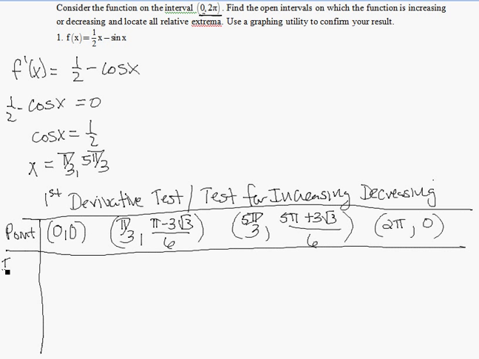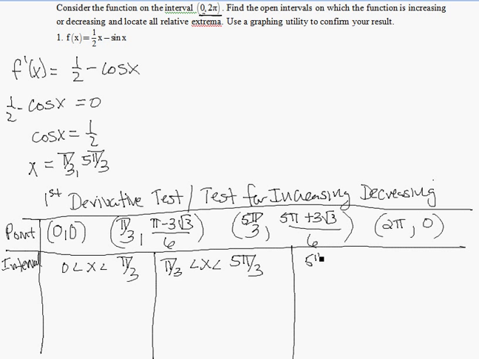So our intervals, we're going to have a couple intervals here. We're going to go from 0 to pi over 3, pi thirds to 5 pi thirds, and then 5 pi thirds, oops, that's a 3, to 2 pi.